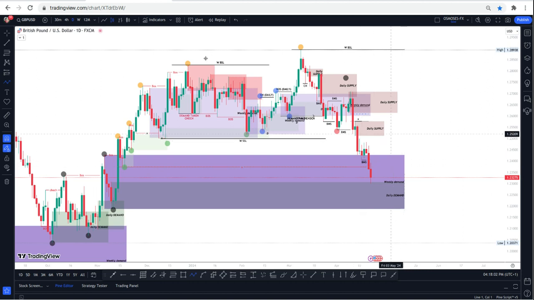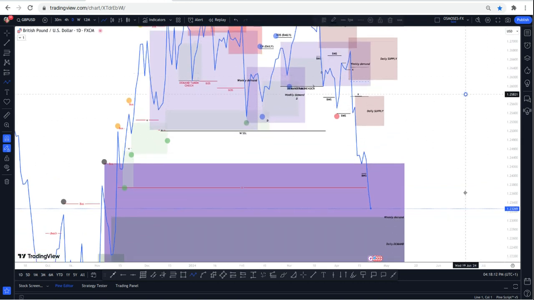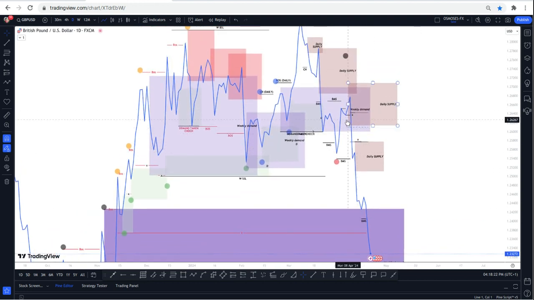For some people that don't know how to see it clearly, I'll just show you something. Now let's go to the most recent supply. What happened in this supply? Price came, broke this high, we have a retracement, broke this high and immediately broke the low.